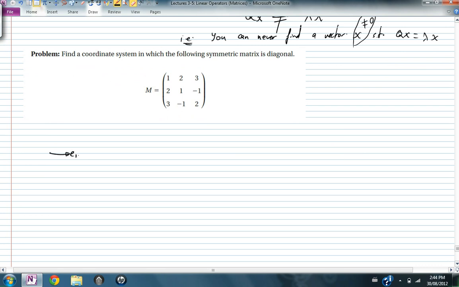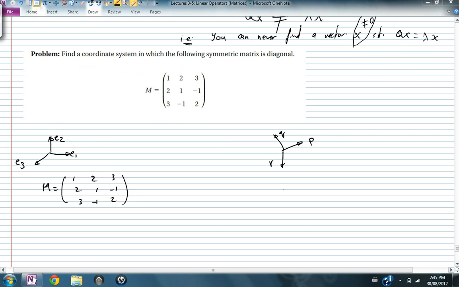In this coordinate system, E1, E2, and E3, M has this representation. There is another coordinate system somewhere that's made out of the principal directions, the eigenvectors of M.